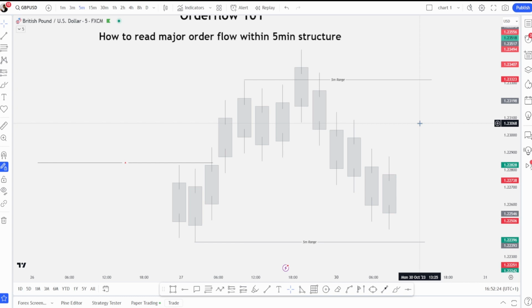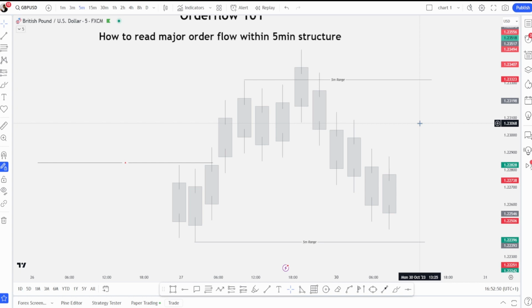Of course, there are going to be some choppy points in price. There are going to be some points where the 5-minute ranges will break up and down in different directions. Generally, that will only happen during low volume trading periods. So for example, Asia, the ranges don't normally hold as well as they would during New York, London.